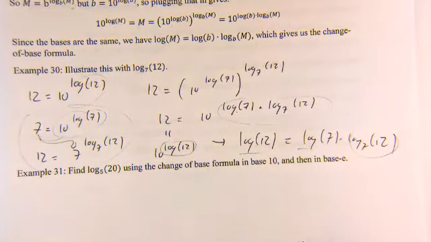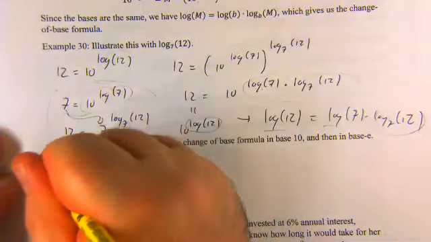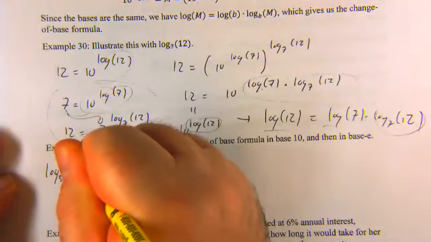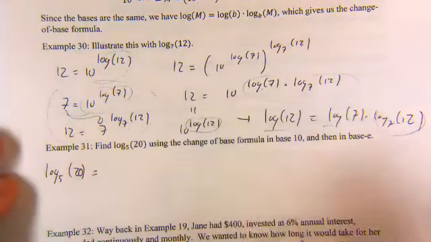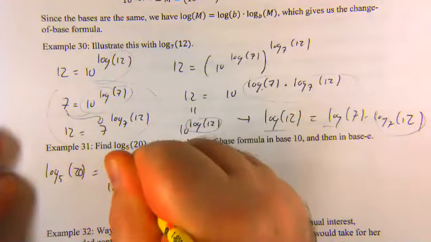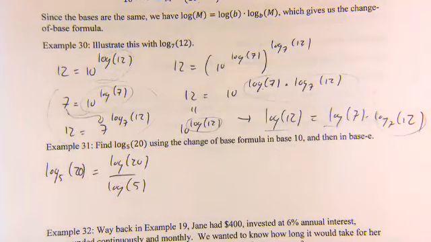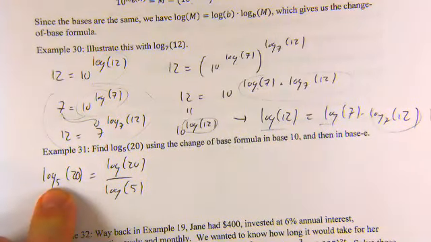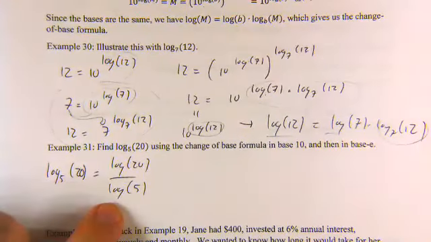So log base 5 of 20, how can you actually calculate that? Well, take log base 10 of 20 and divide it by log base 10 of 5. Take log base 10 of the number and divide it by log base 10 of the base.